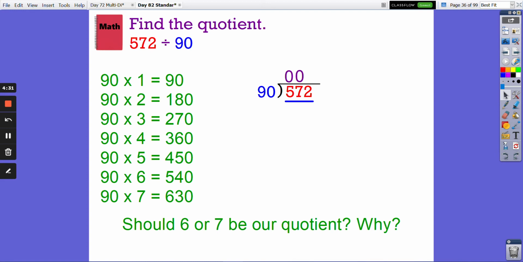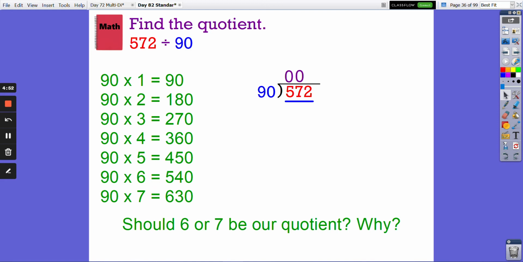So let's see. Should we use 6 or 7? Well, 7's too big. 630 is greater than 572, so we wouldn't be able to subtract that. So that doesn't work. We can't make 7 groups. We don't have enough, right? So 6.